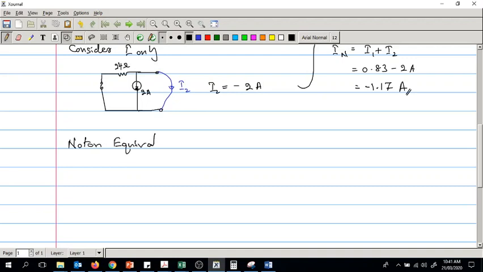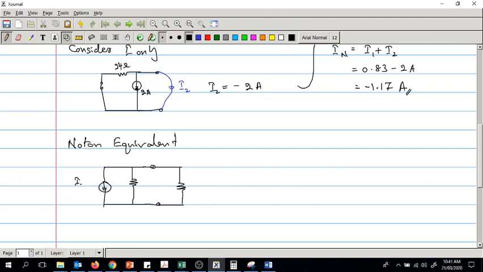Now the Norton's equivalent: you have a current source and a parallel resistance and the load resistor here. So the current is now negative, meaning that your arrow should be like that.